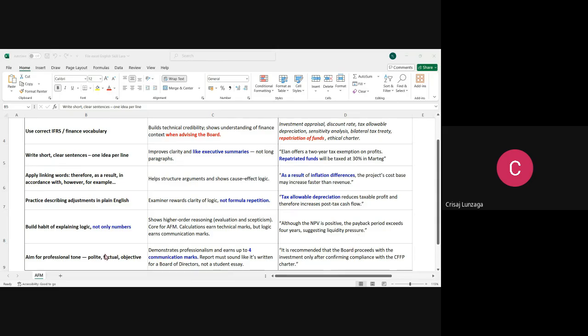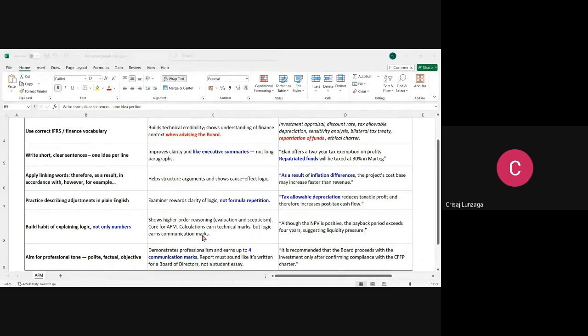And for the next skill, we're going to learn how to build the habit of explaining logic and not only numbers. This is, I think, one of the most important skills you need to develop, as it demonstrates your reasoning. Your reasoning includes evaluation and skepticism.